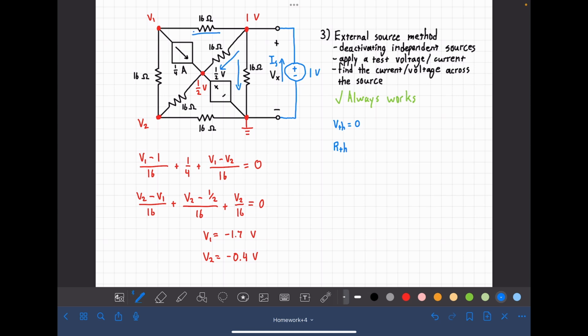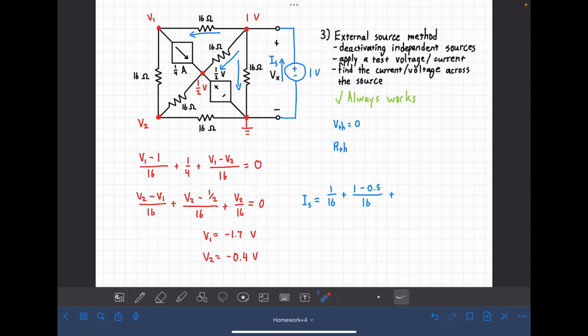and this current. So writing a KCL equation for that, we'd say IS is equal to this first current, 1 volt minus 0 over 16. Second current here, 1 volt minus 0.5 volts over 16.